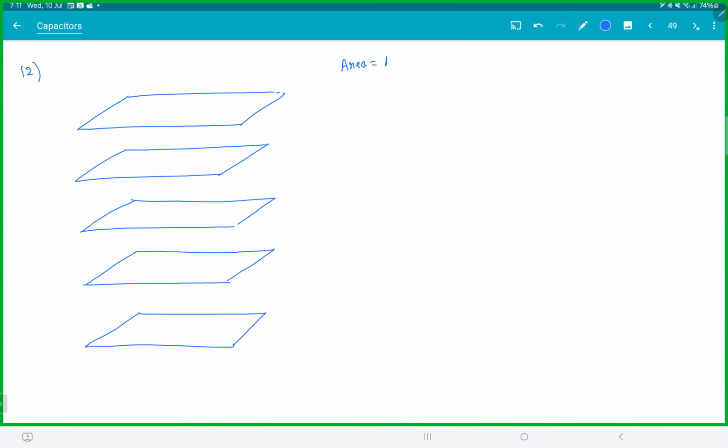The area of each plate is A. Distance between the plates is D. And then you're connecting a battery between these 2 plates, and you're connecting these 2 plates with a wire.